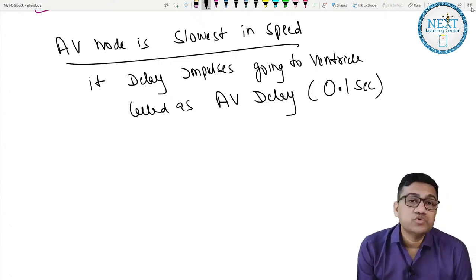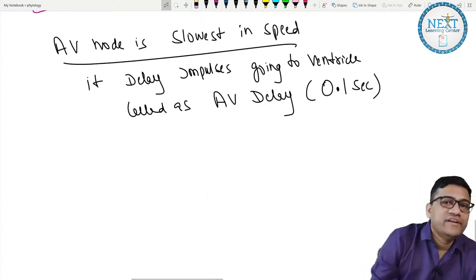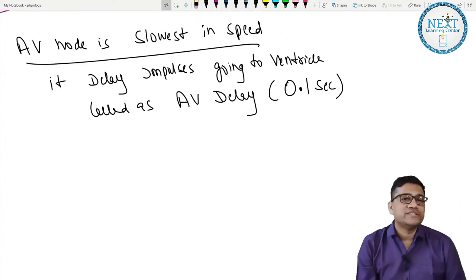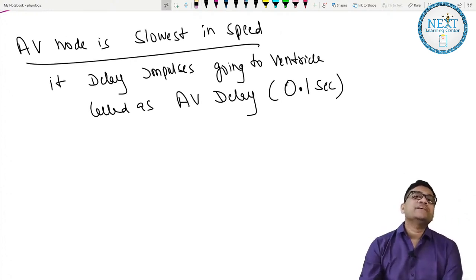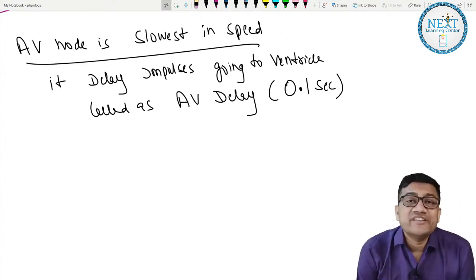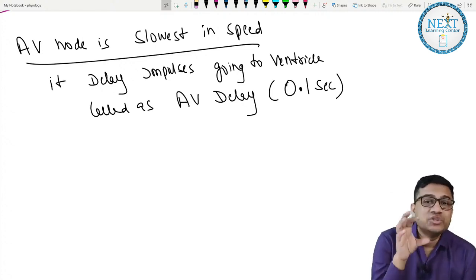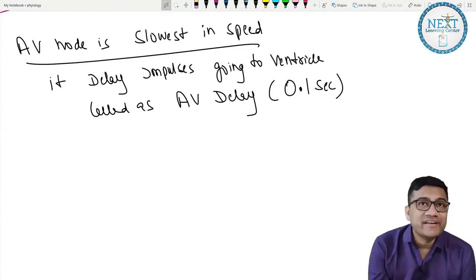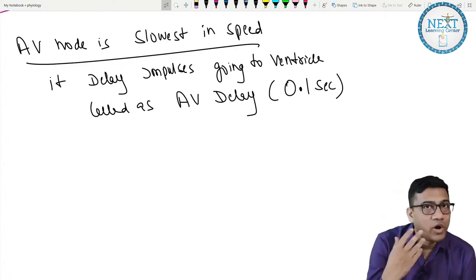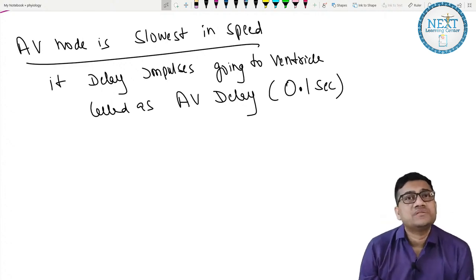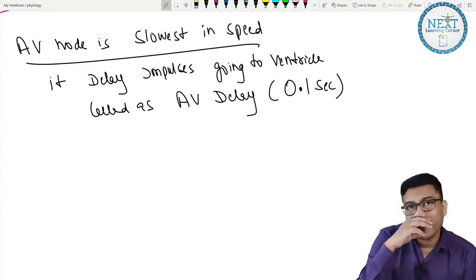Now, is this AV delay useful or useless? It is one of the most important things, which prevents the genesis of ventricular tachycardia. If there is no AV delay, the ventricles will contract abnormally and very fast, causing a pathology called ventricular tachycardia.